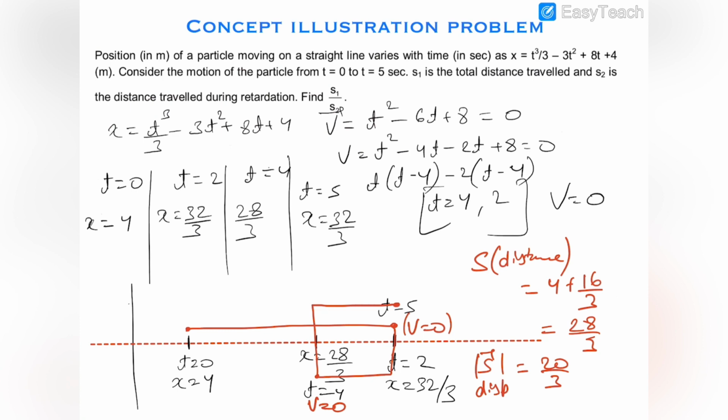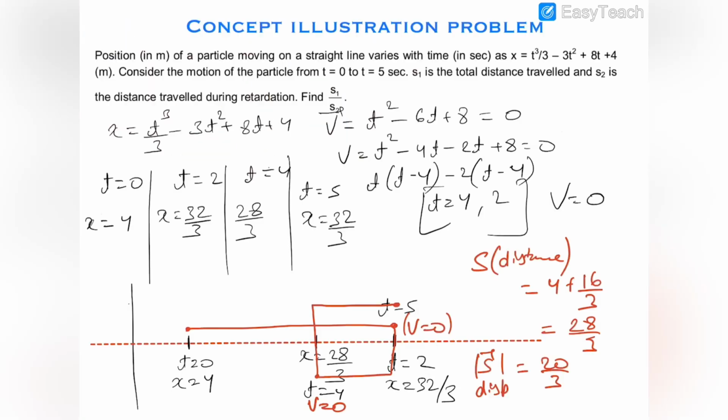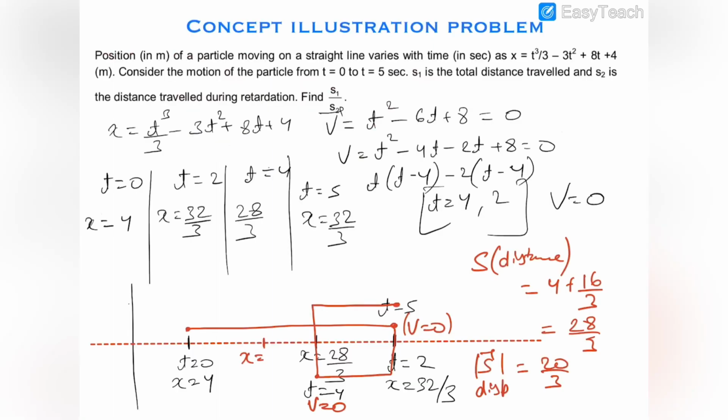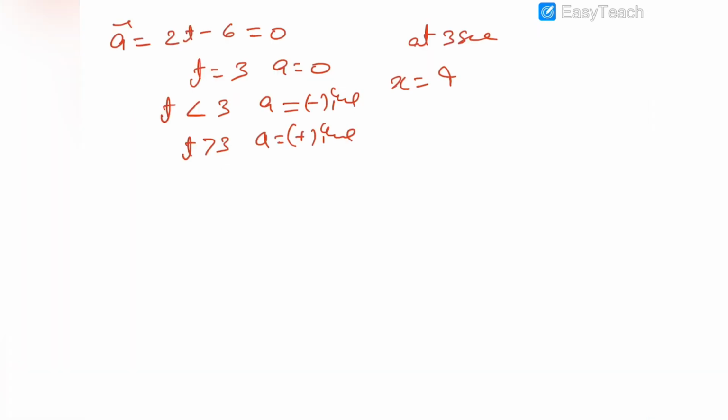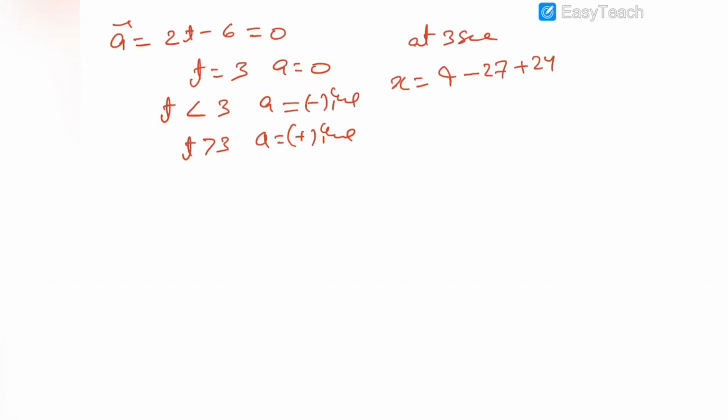So you can see that till 3 seconds acceleration is negative, and beyond 3 seconds acceleration is positive. At 3 seconds, let us again find out the x. So at 3 seconds x would be equal to, this is 9, this is 27, and this is 24 plus 4.